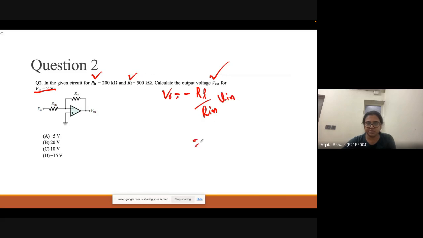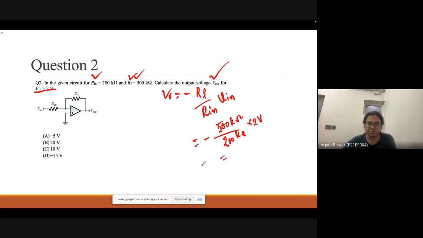So what is the value of V output? The R feedback value is given here, 500 kilo ohm, and the R input value is 200 kilo ohm. And the value of V input is 2 volt.